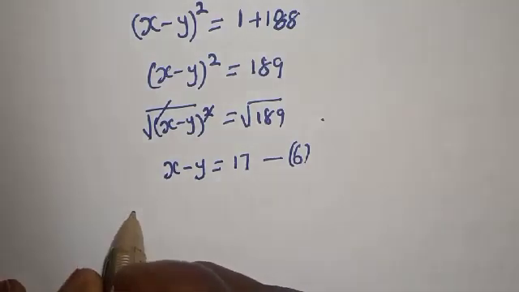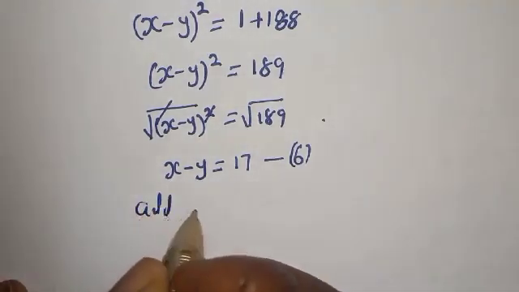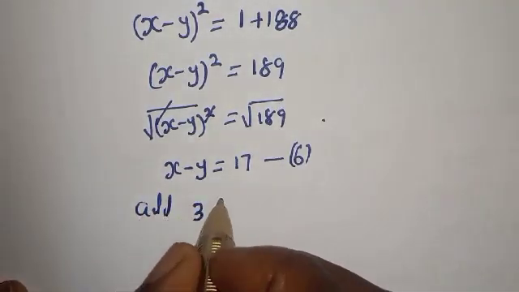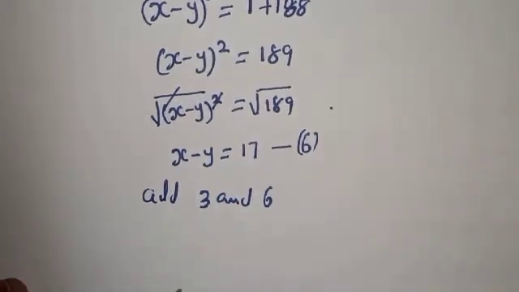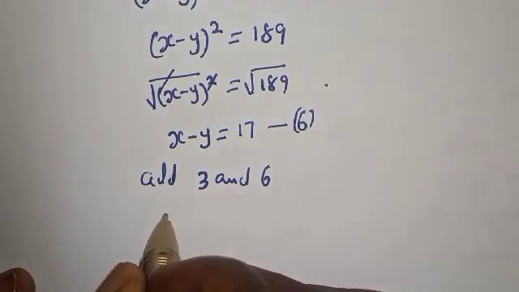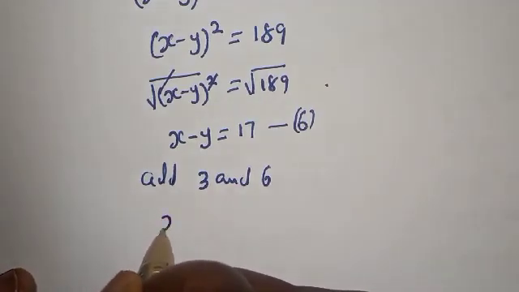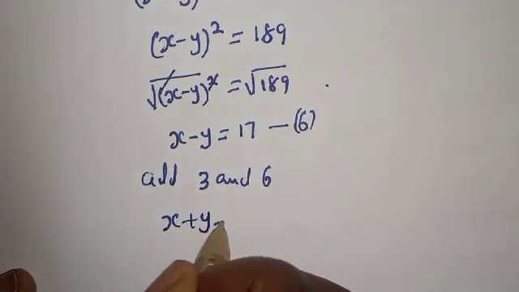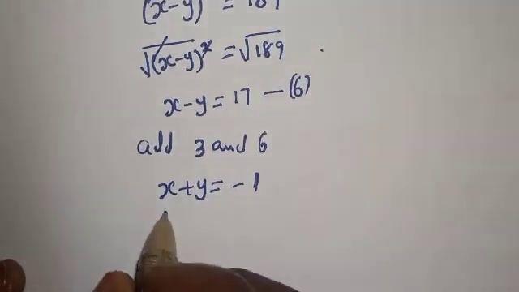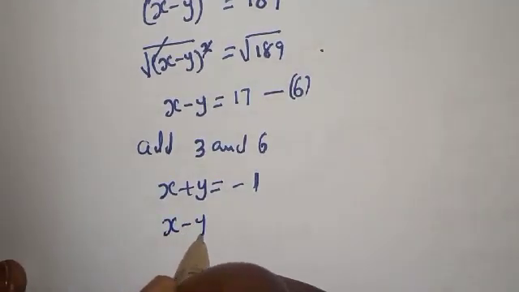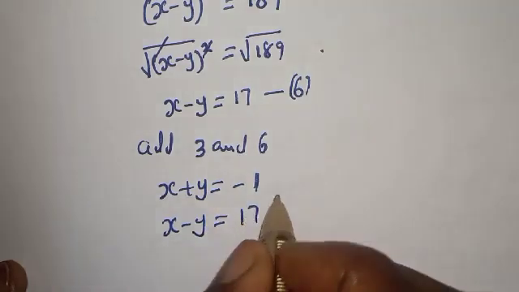Now let's add equation 3 and 6. Equation 3 is x plus y is equal to minus 1, and equation 6 is x minus y is equal to 17.